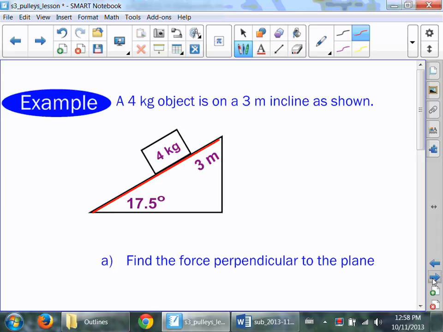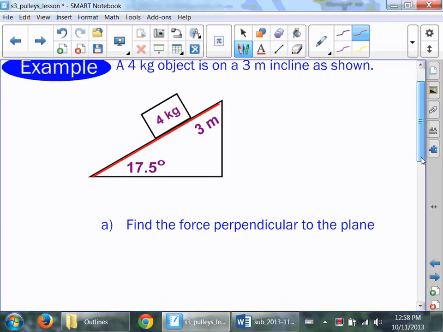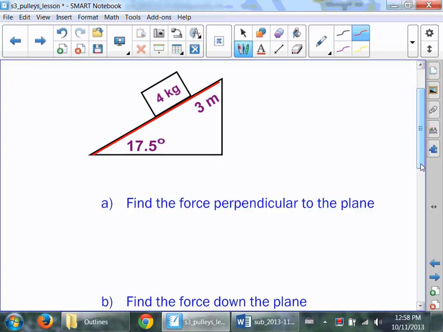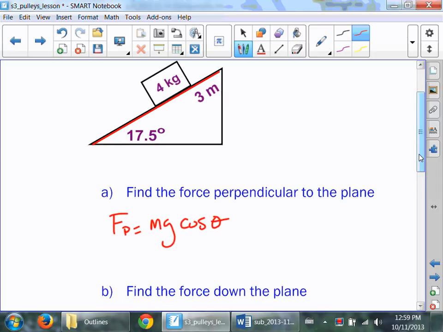So, let's do an example. A 4 kilogram object is on a 3 meter incline, as shown below. The angle is 17.5 degrees. Find the force perpendicular to the plane. Okay? So that's going to be Fp. That's going to be mg cos theta.